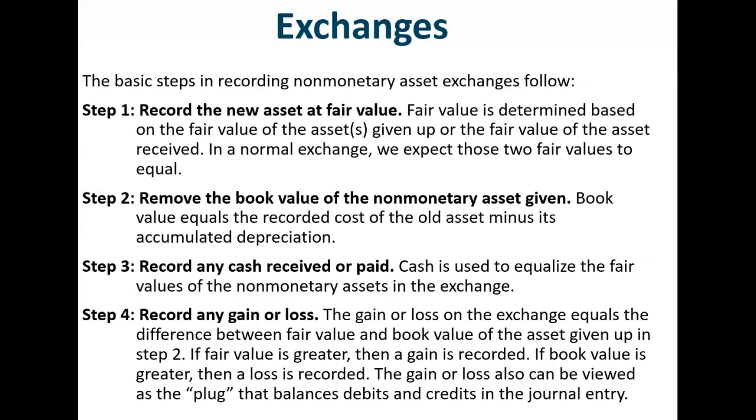If fair value is greater, then a gain is recorded. If book value is greater, then a loss is recorded. The gain or loss can also be viewed as the plug that balances debits and credits in the journal entry.